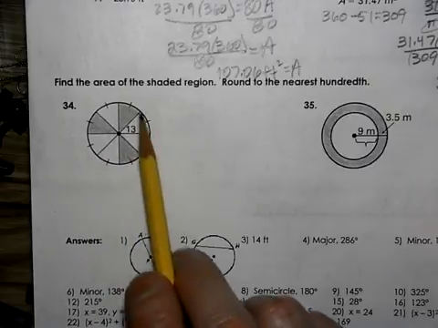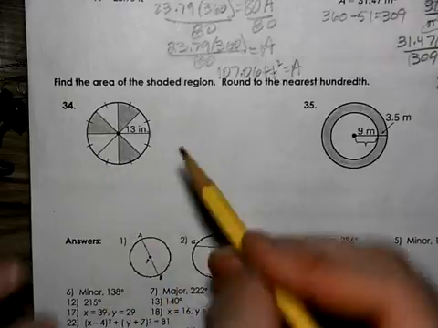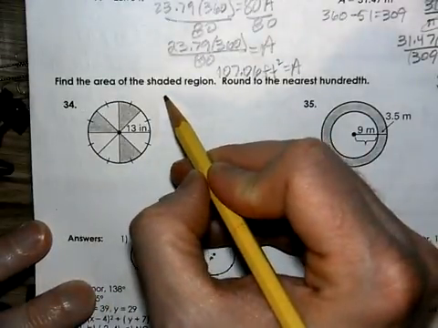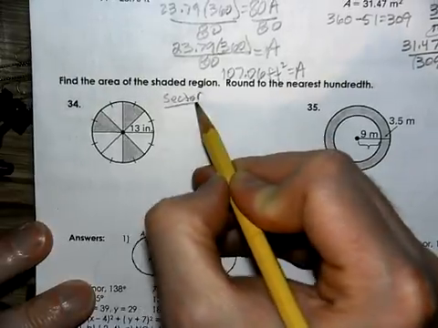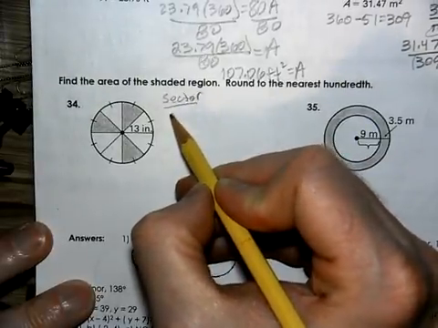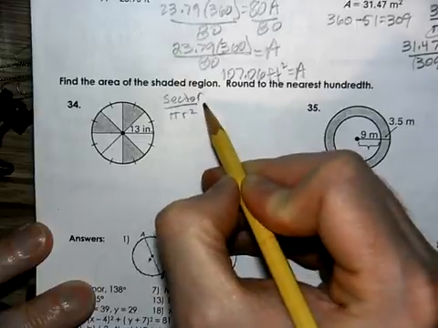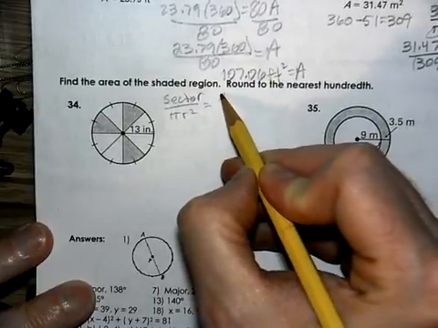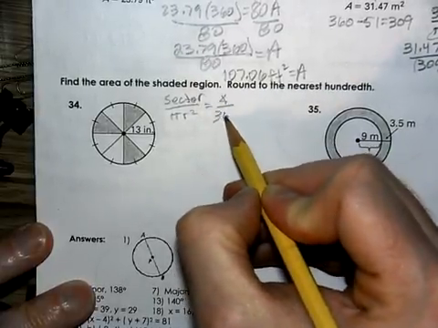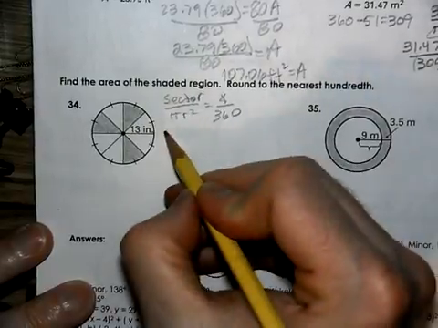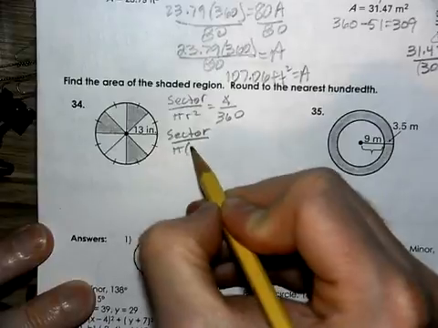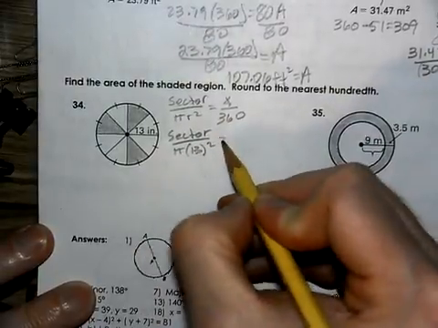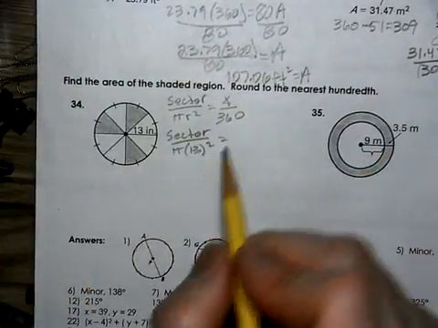We know that because all their arcs are the same. So we're going to start out with the sector area over the circle area, pi r squared, equals the angle over 360. The sector area over pi 13 squared equals our angle.